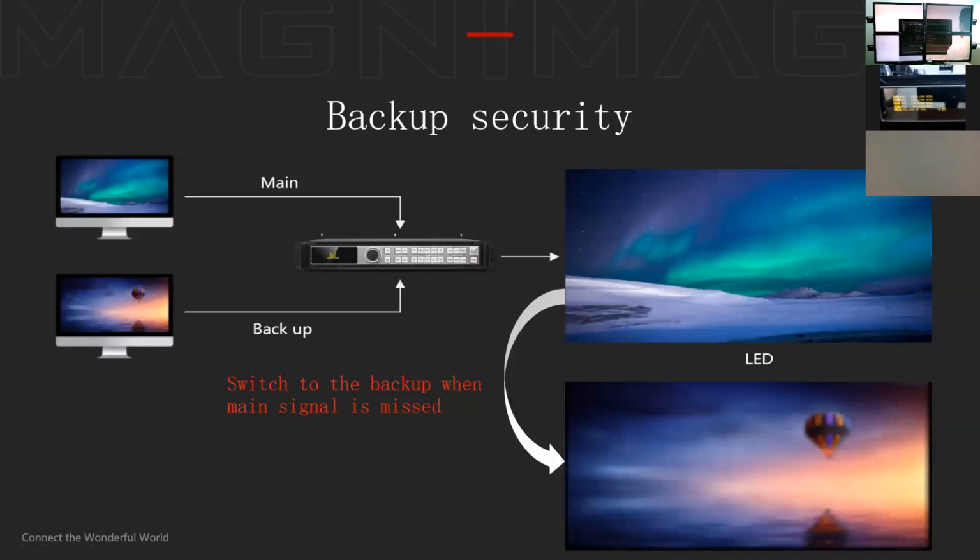And in this machine, another important thing is backup security. For example, this one, a main signal and a backup signal. Both of them input to the 780. This one is the main screen. If the main source cuts or disappears or is missed, because of any reason, it will switch directly and automatically to the backup signal.